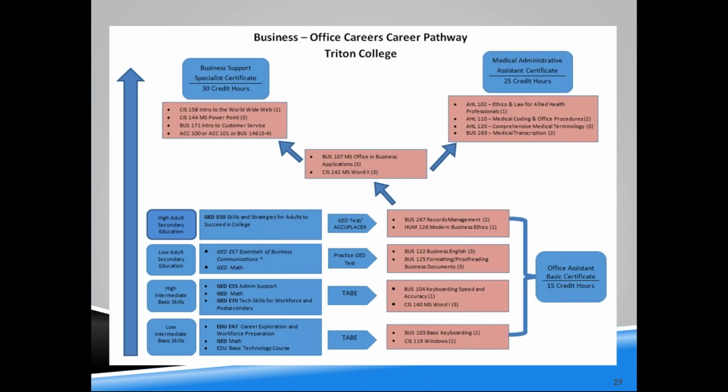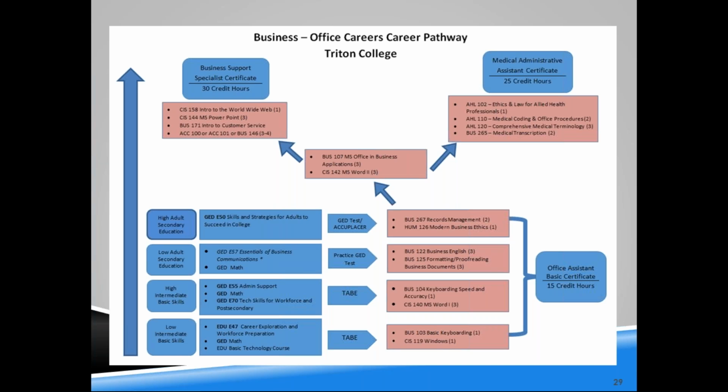On the left in the blue, those are the adult ed courses and the support courses that are offered concurrently with the CTE courses there on the right, in a kind of pink-red. Together that makes up the Office Assistant Basic Certificate, which is a total of 15 credit hours.